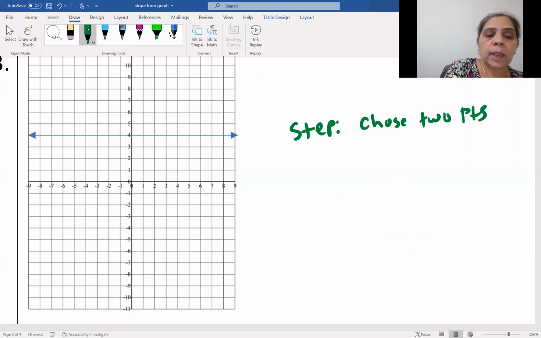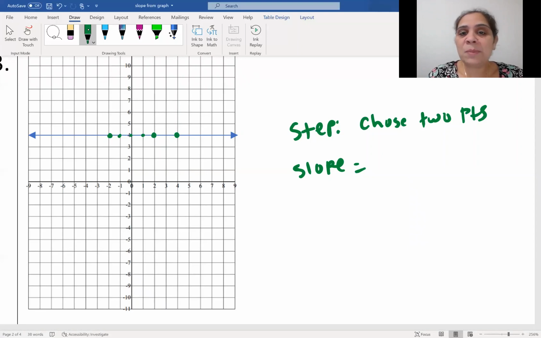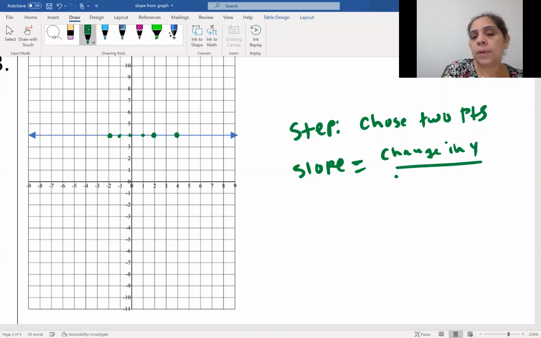You can take any 2 points next to each other. And then you will find slope. It's not uphill, it's not downhill, so we don't know if it will be positive or negative, right? So we will do change in y divided by change in x.